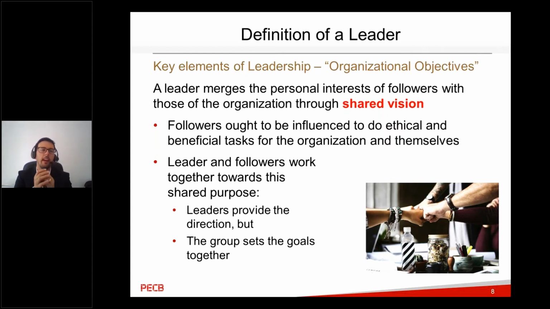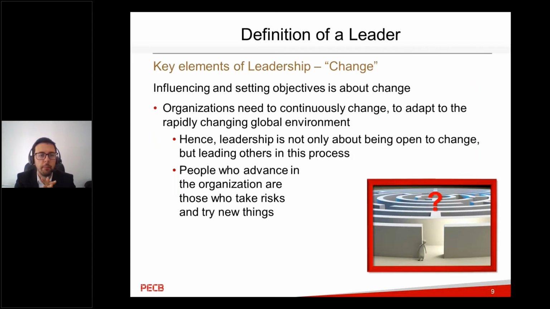Then another key element of leadership, and probably the ultimate one that a leader needs to address, is the element of change. When we tend to influence people, and when we try to get their ideas, when we are trying to set objectives or goals, it means that we are trying to move away from what we currently have.